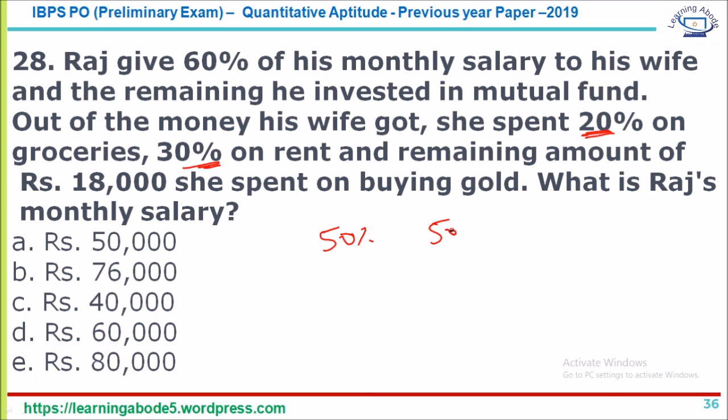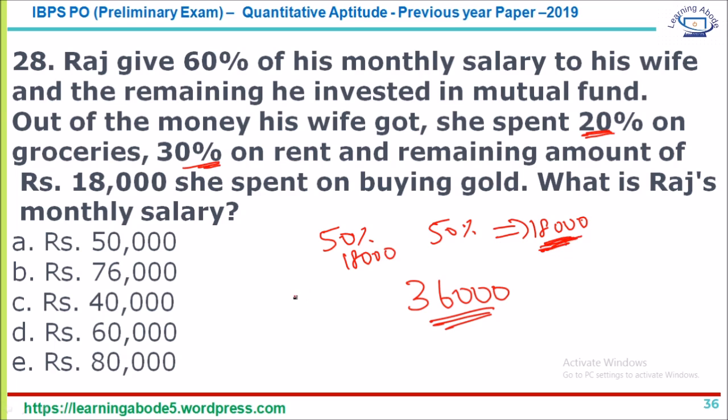So the remaining 50% is 18,000. So in total, Raj has given 36,000 to his wife. She has spent 18,000 and saved 18,000.